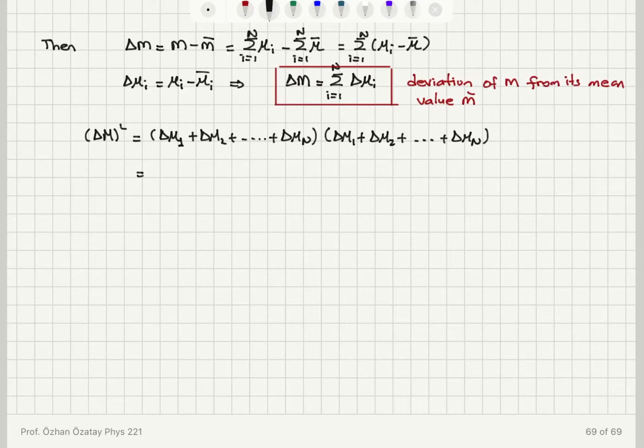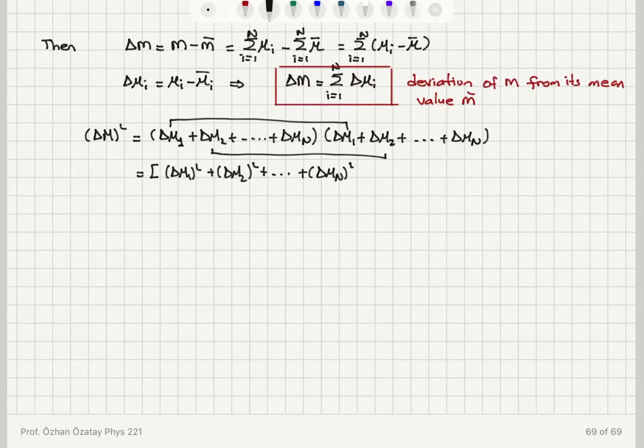So you can see that if you start doing this distribution of the product over the addition here, the first term will be delta mu 1 squared, the second term will be delta mu 2 squared, etc. So I'm going to write these terms as delta mu 1 squared plus delta mu 2 squared plus all the way up to delta mu n squared.